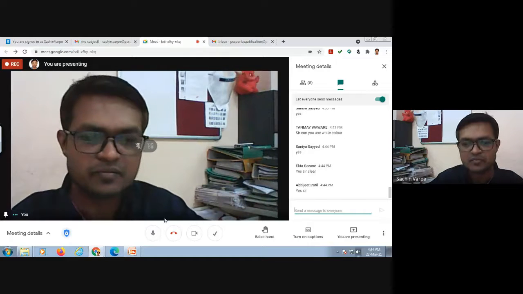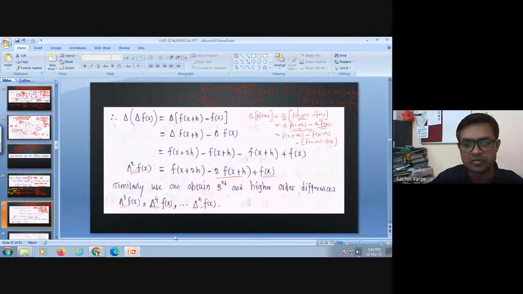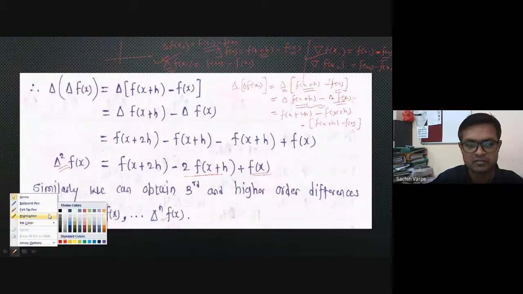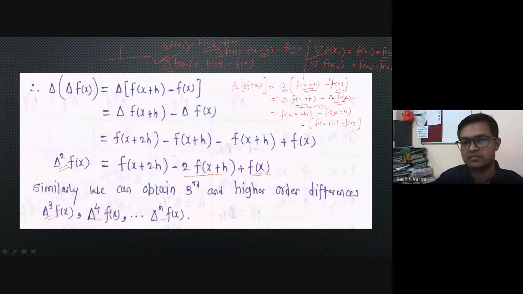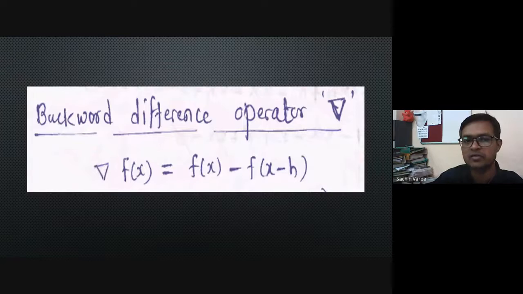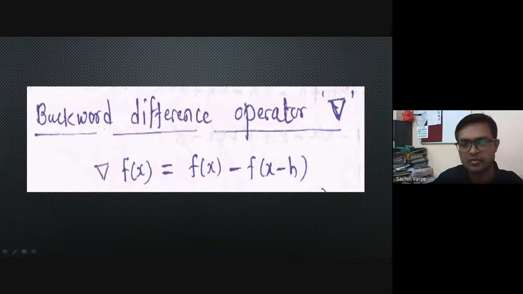Okay. Next, let's move to the backward difference operator. As I said, it is denoted by del.